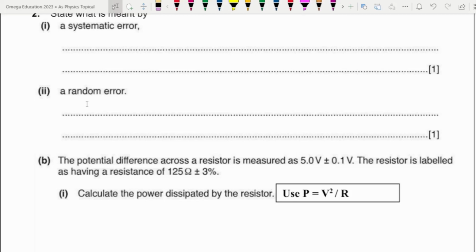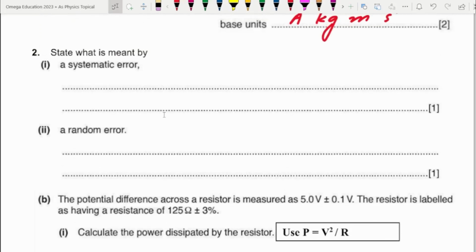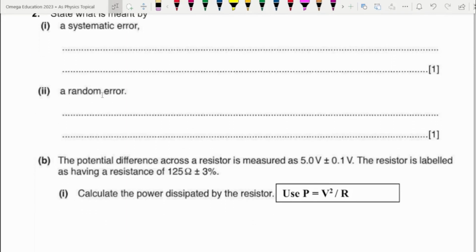For example, change in temperature, atmospheric pressure, wind, humidity. These kinds of things, or even parallax error. So this is for the random error. You can just note down the definitions that I've just stated.